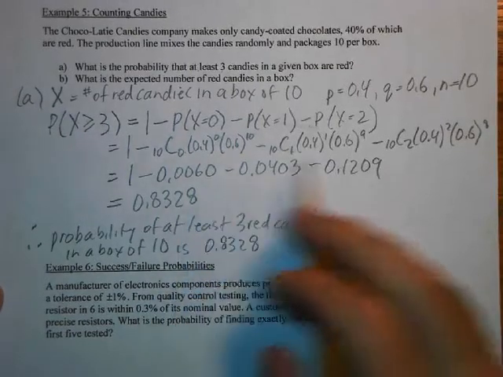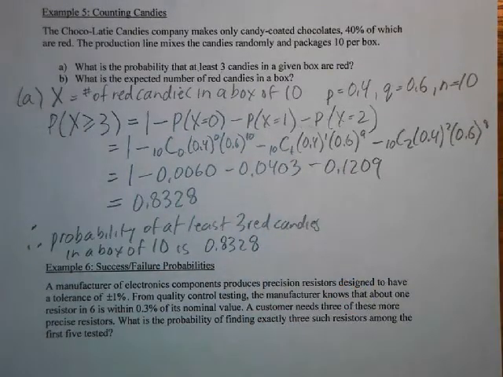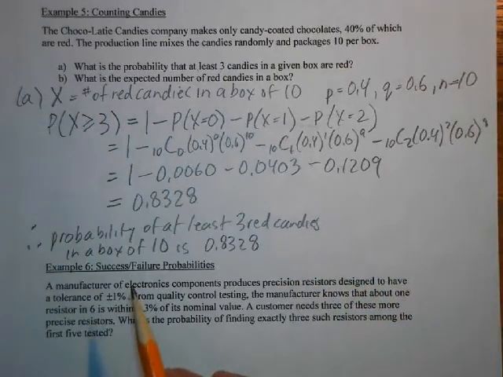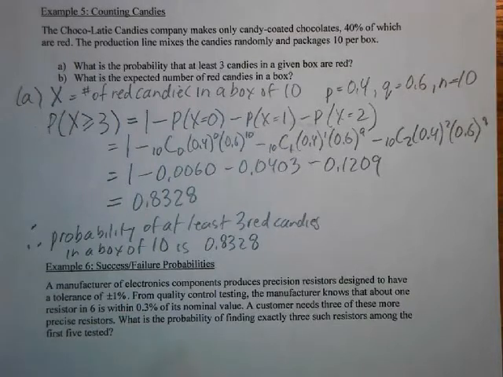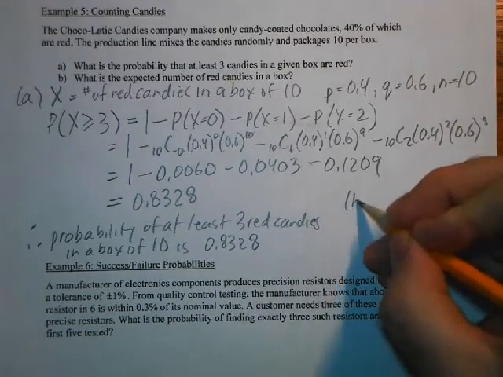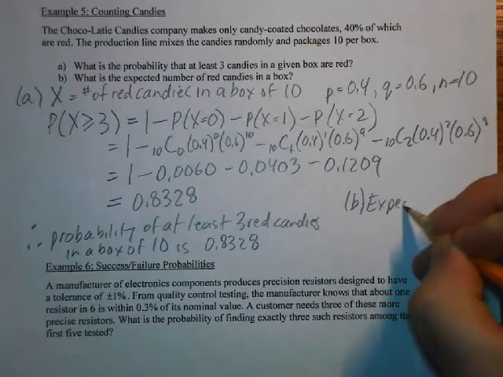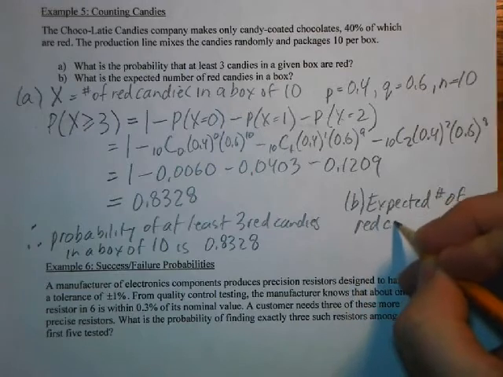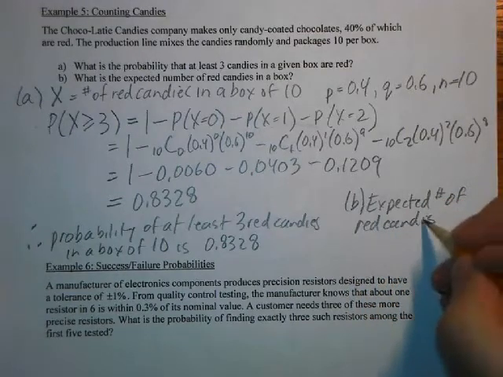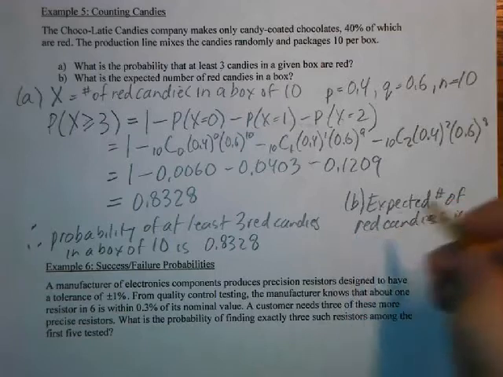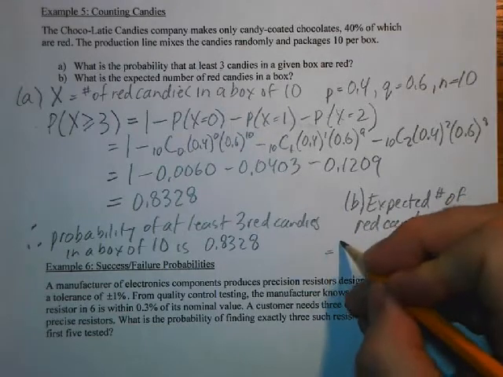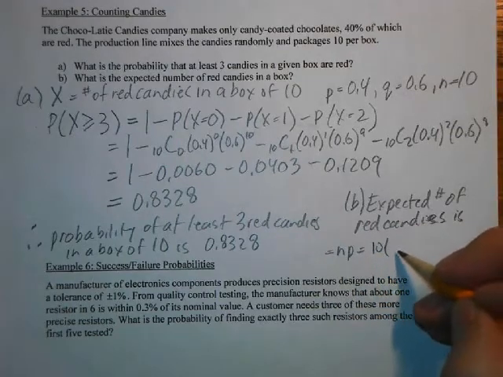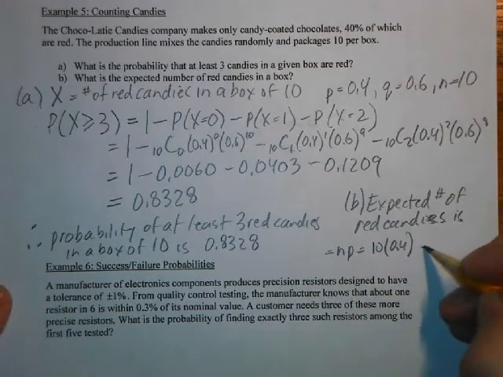Okay, so hopefully this is becoming a little easier to understand, since we're kind of repeating the types of processes we're doing here. And then the second part, which you see happens quite a lot, what's the expected number of red candies? So the expected number of red candies is equal to np, which is 10 times 0.4, which is 4.